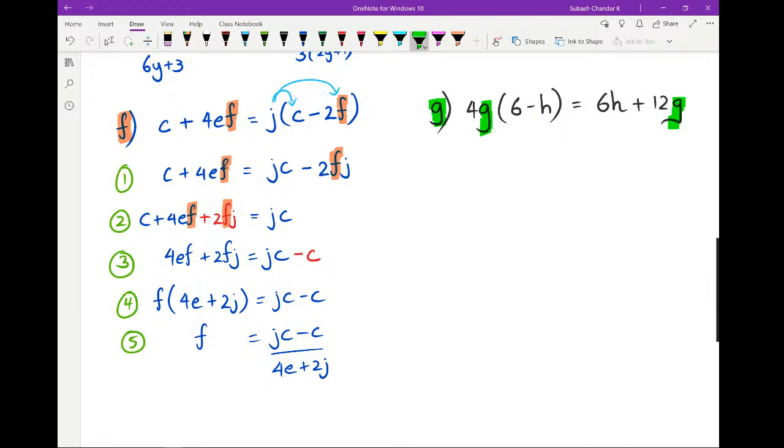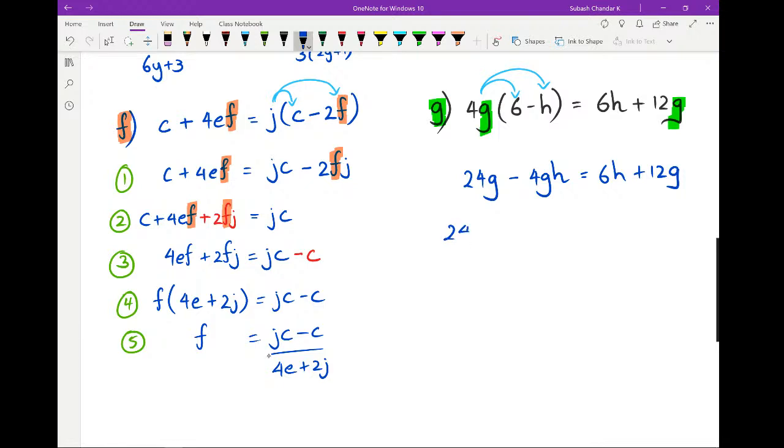So I'm going to start working on this question. The first thing I'm going to do is expand the bracket. So I've got 4g times 6, which is equal to 24g. And then 4g times negative h equals negative 4gh. And this is all equal to 6h plus 12g. So I need to get the 12g to the left-hand side.